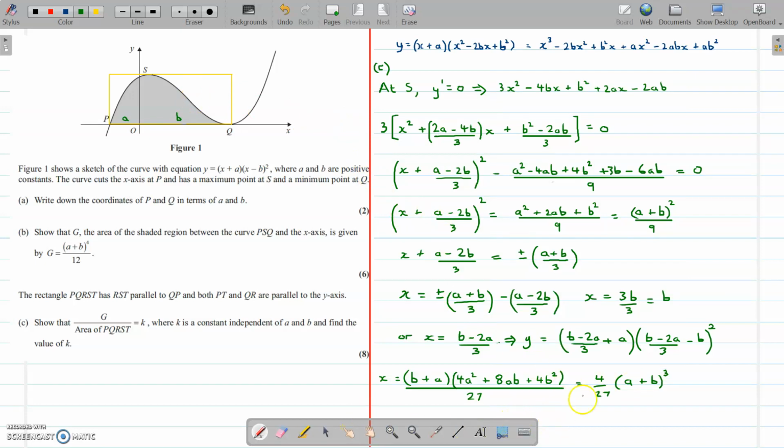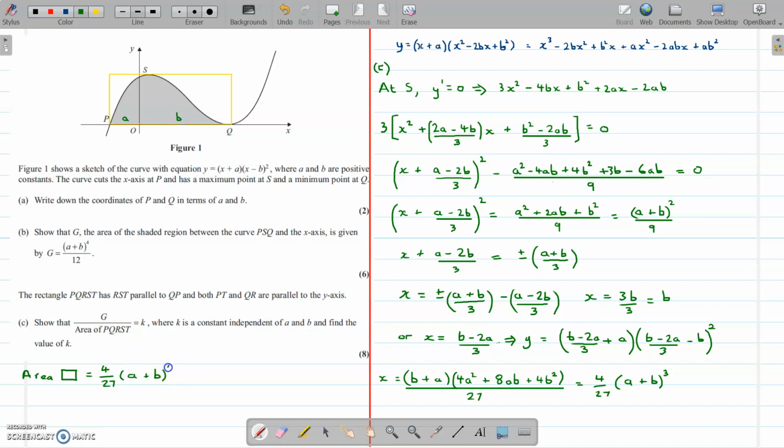So I'm going to have to move some of this up a bit or go across to here. So the area of the rectangle is equal to this times the length, which of course is a plus b. So it's 4 27ths of a plus b times a plus b cubed, which is a plus b to the 4.